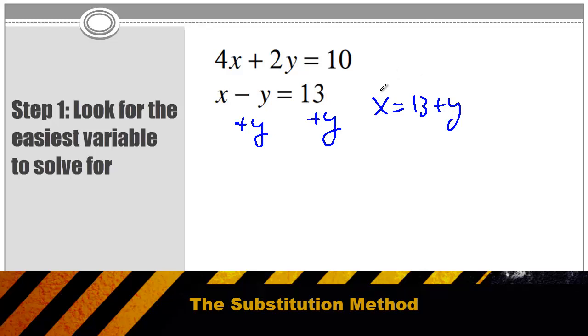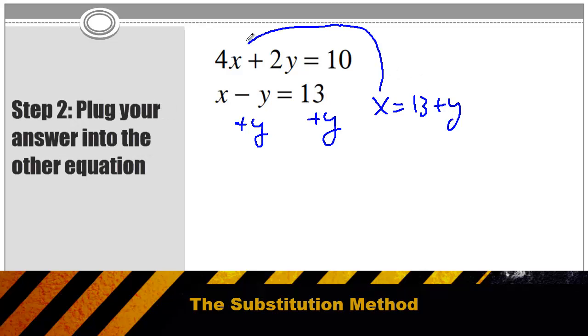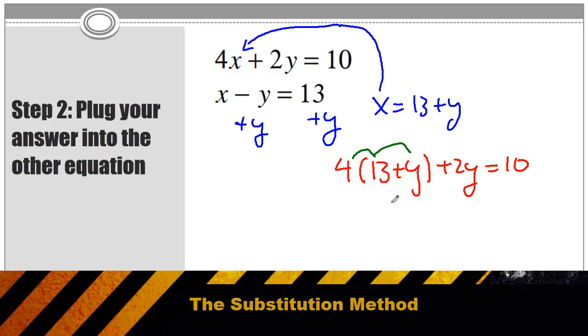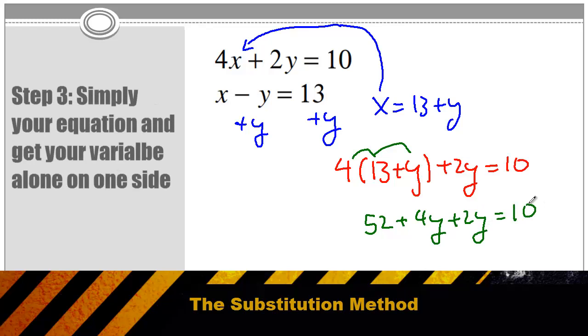From there, I can plug x into my first equation. So that equation becomes 4 times 13 plus y plus 2y is equal to 10. I distribute my 4 across the parentheses and I get 52 plus 4y plus 2y is equal to 10.